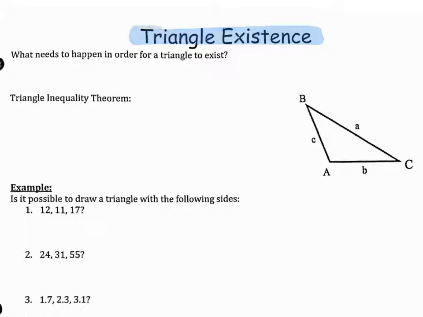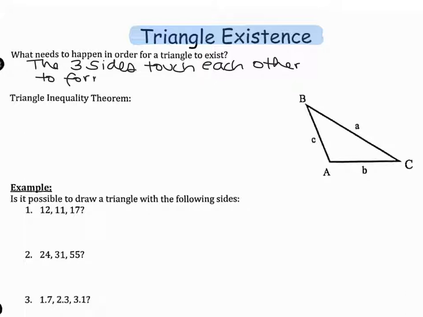My goal today is to determine whether or not a triangle exists based on the given side lengths. What needs to happen in order for a triangle to exist? The 3 sides touch each other to form a closed shape.